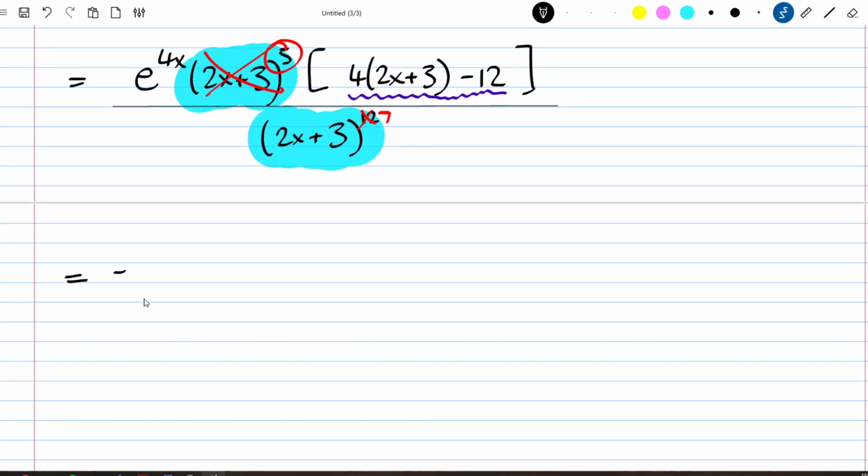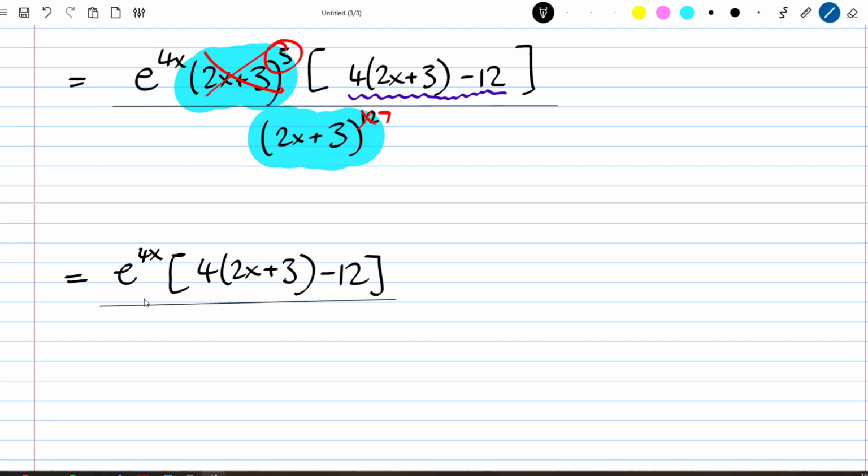So we'll have e to the 4x, 4 lots of (2x plus 3), take away 12, and the denominator is going to be (2x plus 3) to the 7. And I guess from here, I'll just tidy up what's within the square brackets here.